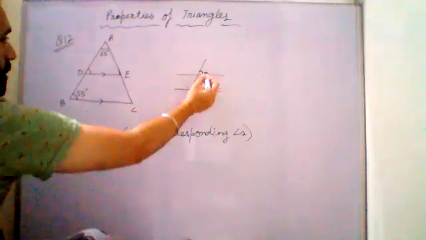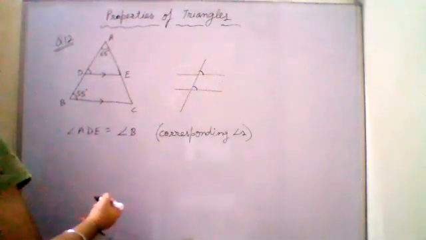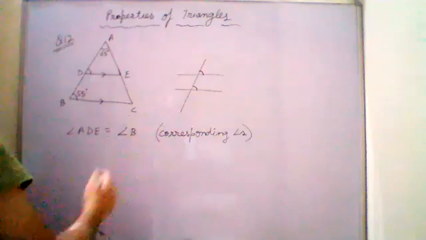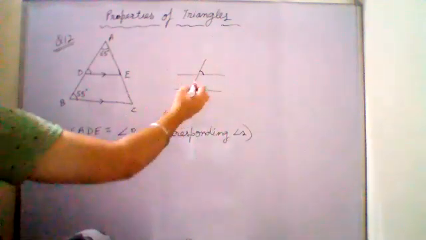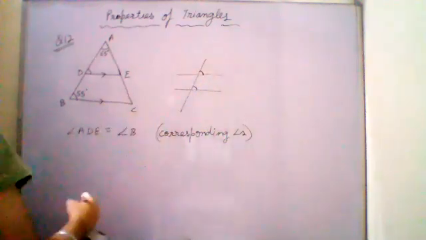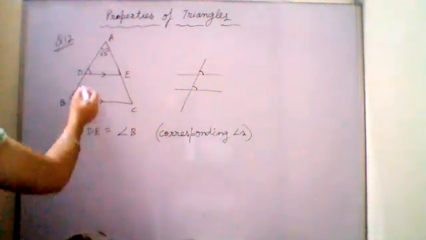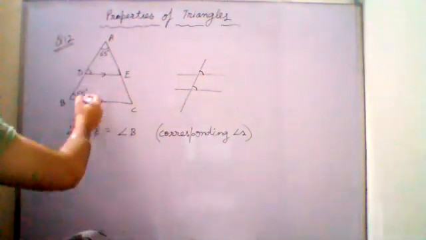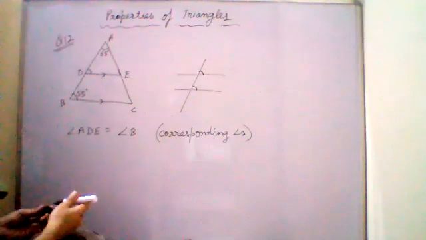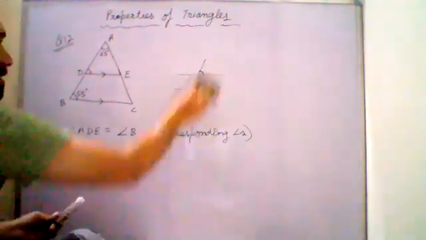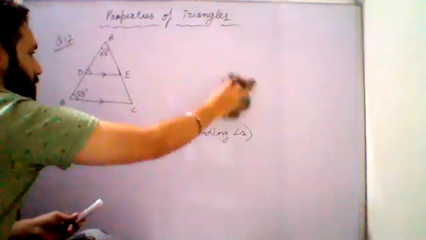So these types of angles are in the same place, on the same side of the transversal. These angles are known as corresponding angles. Same is the case with these two angles. So these are corresponding angles. So corresponding angles are always equal.